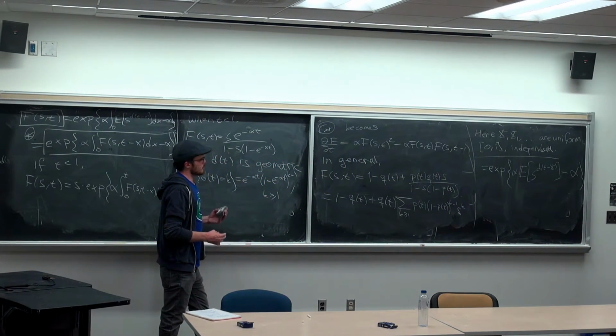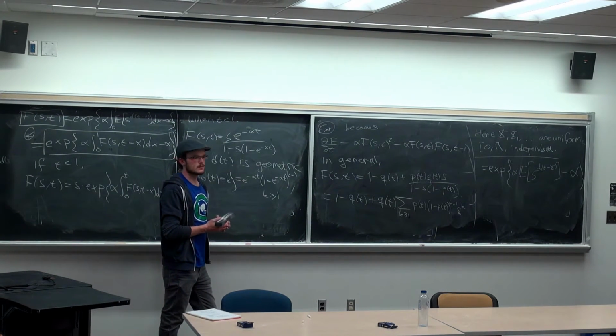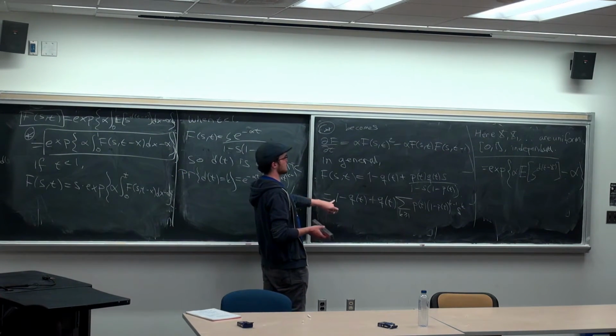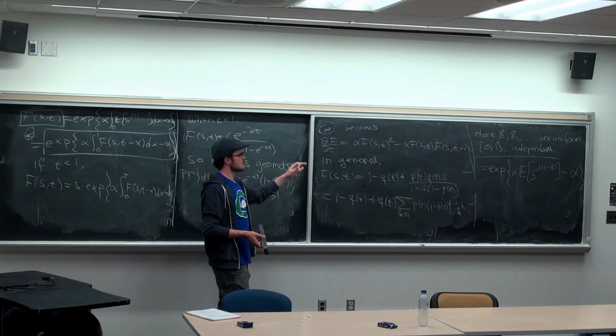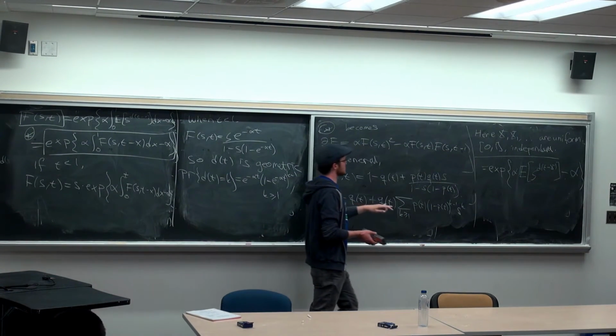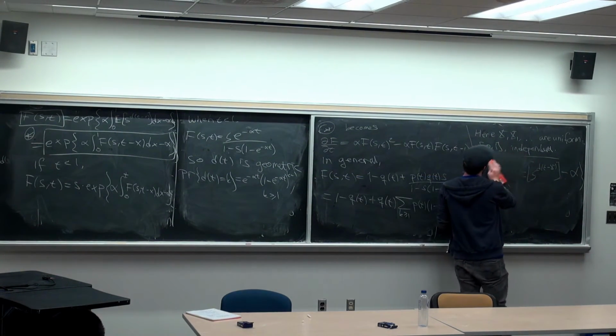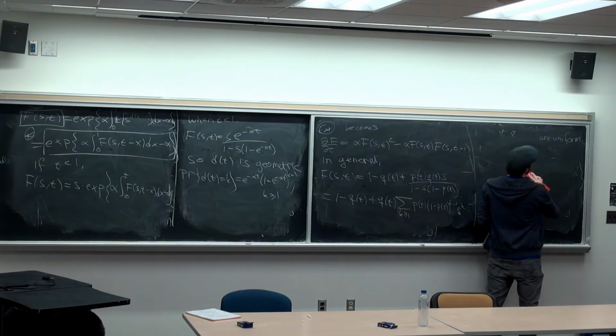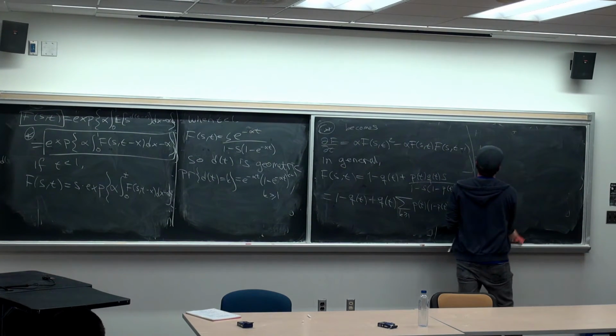And you can sort of read off from here what the probabilities are. This is a Taylor expansion for this probability generating function, and just from looking at the k coefficient, we get the probability that this d of t equals k.